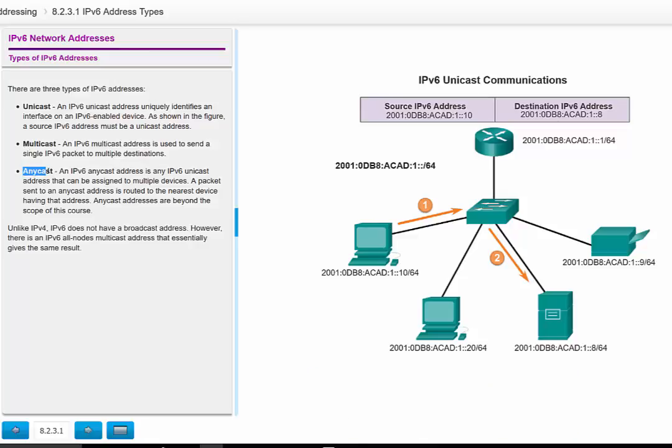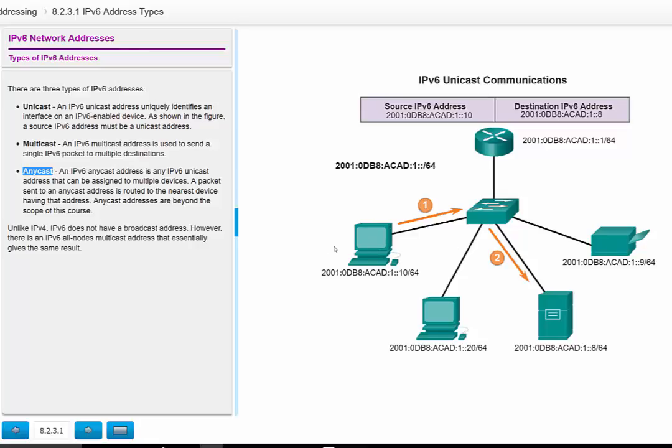So the third type of transmission for IP address version 6 is what we call anycast. For anycast, the source can send to any of these destinations using an anycast address. This can be used, for example, if a source node wants to send packets to any printer on the network, such as this printer, which is the closest to it.